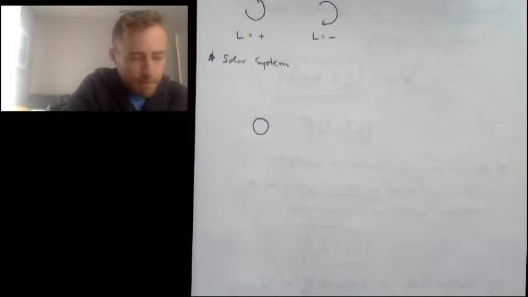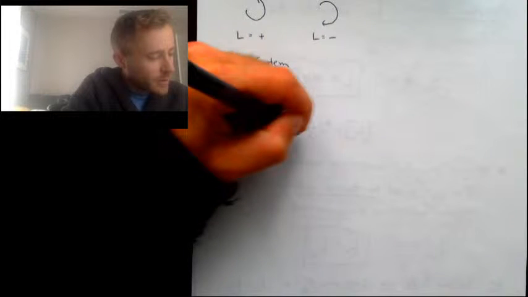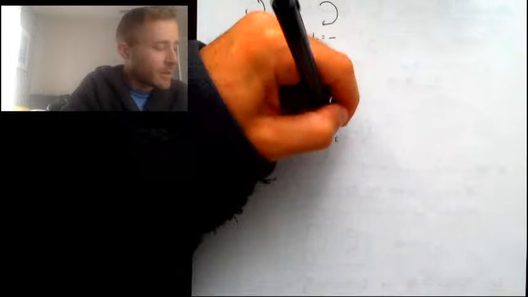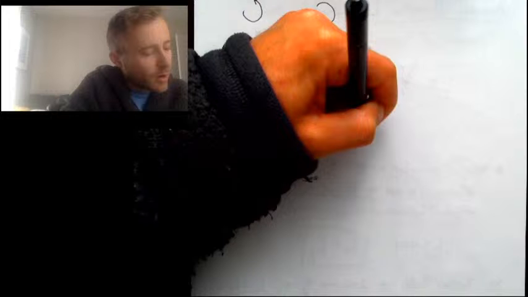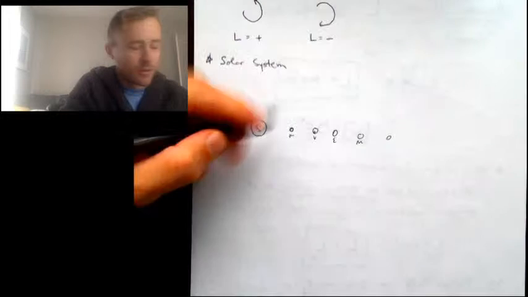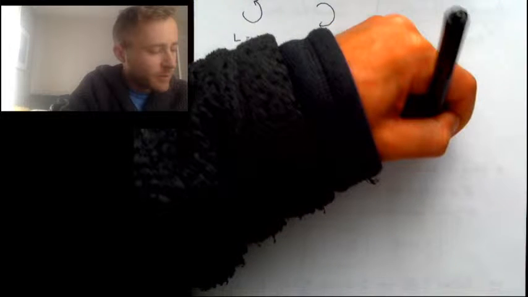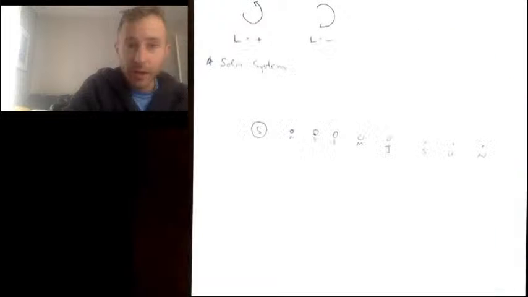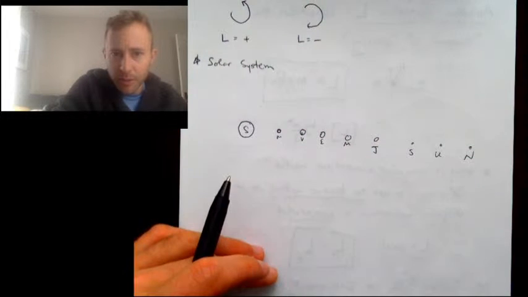Here's Mercury, Venus, Earth, Mars. Now these are not accurate relative distances. Jupiter, Saturn, Uranus, and Neptune. Okay. Here's something that is really cool about our solar system.